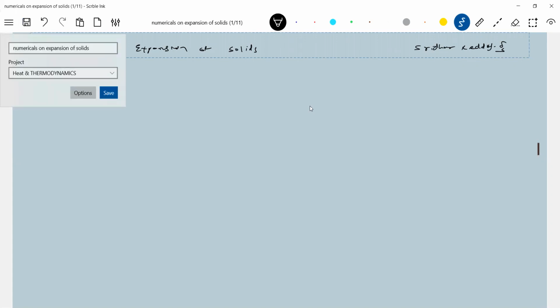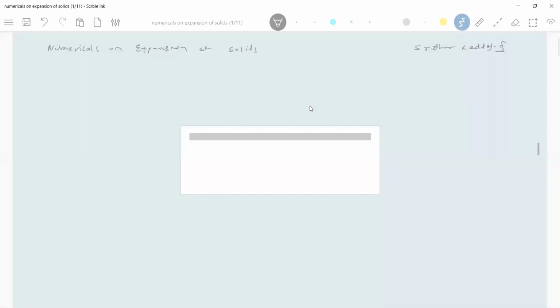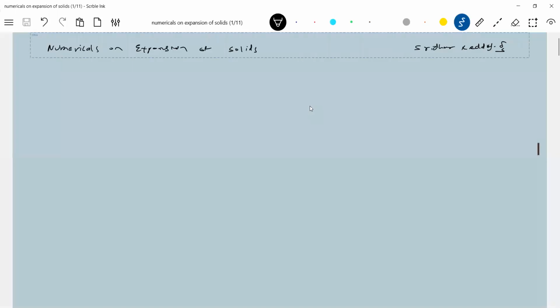What was the problem we had? As the temperature varies, the simple pendulum may gain time or lose time. So how to overcome this? I will bring a compensated pendulum.